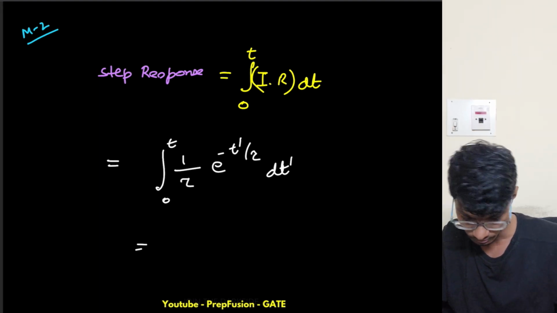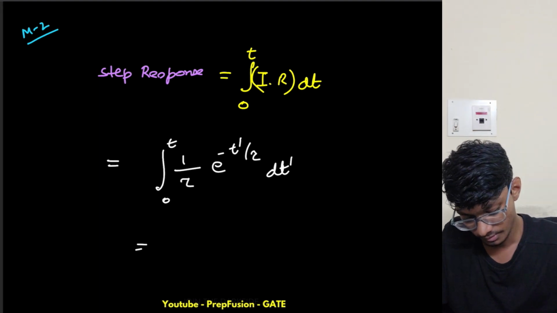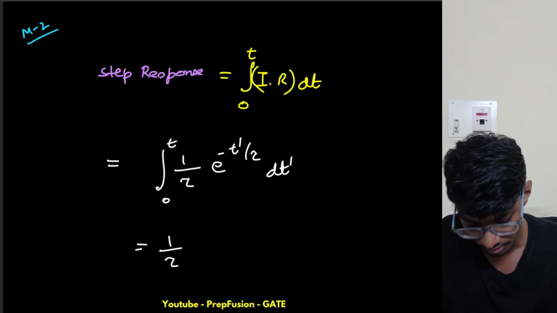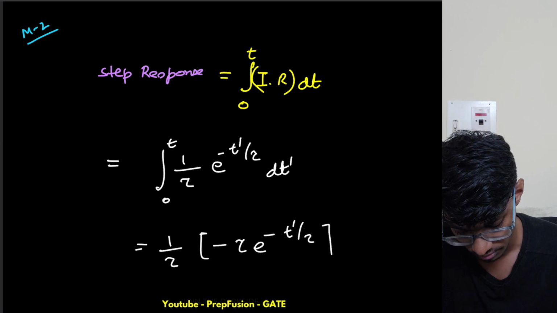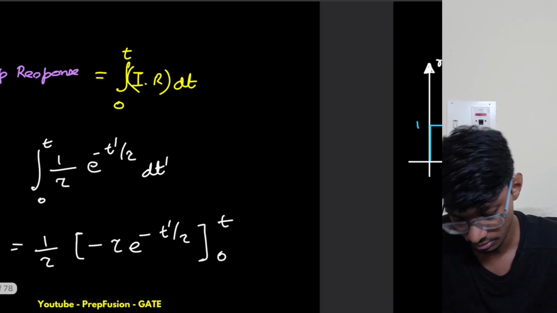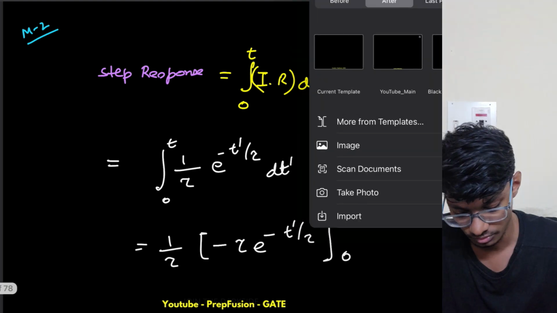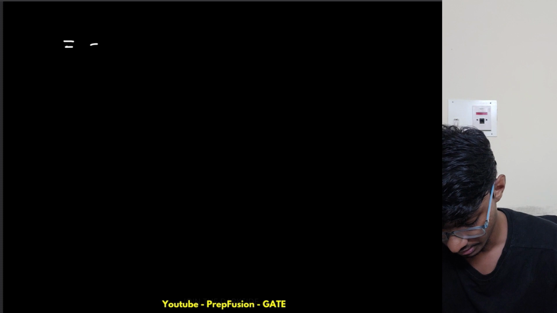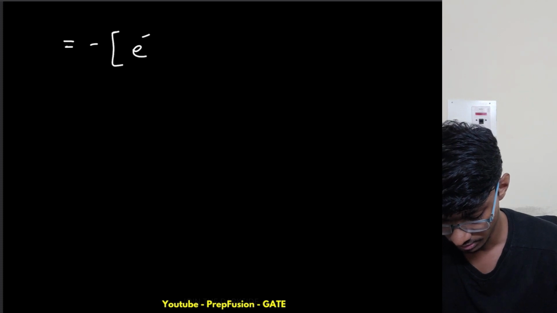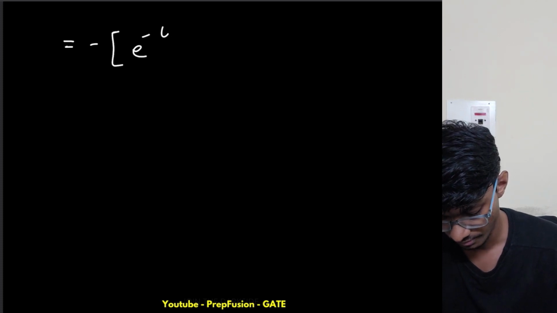So 1 over tau comes outside, this is minus tau e raised to power minus t dash upon tau, from 0 to t. Now this is basically minus e raised to power minus t dash upon tau from 0 to t.